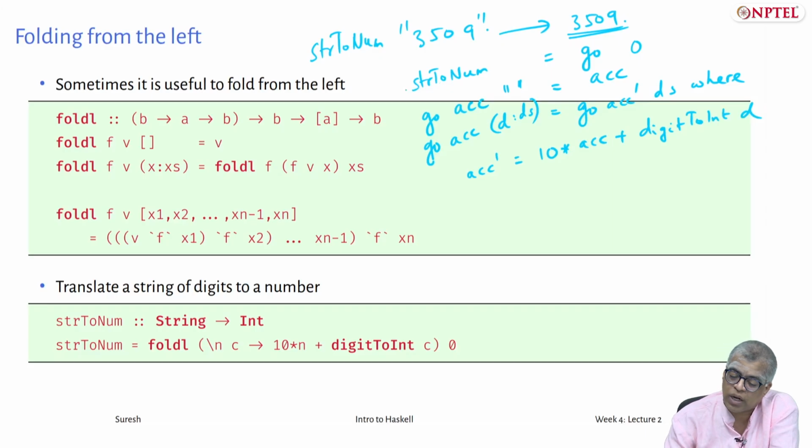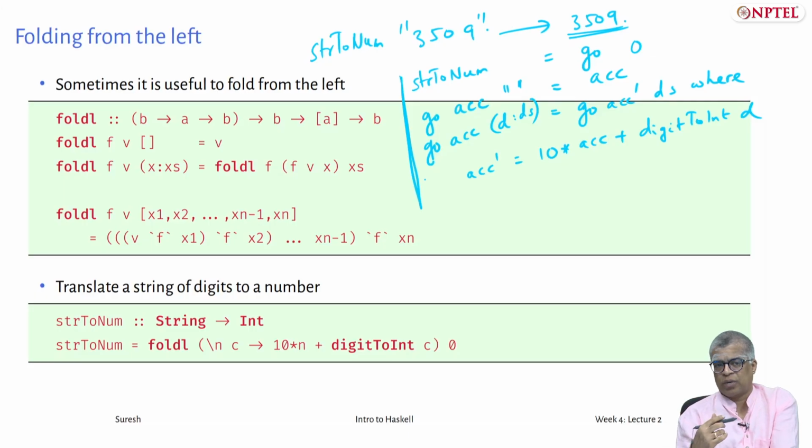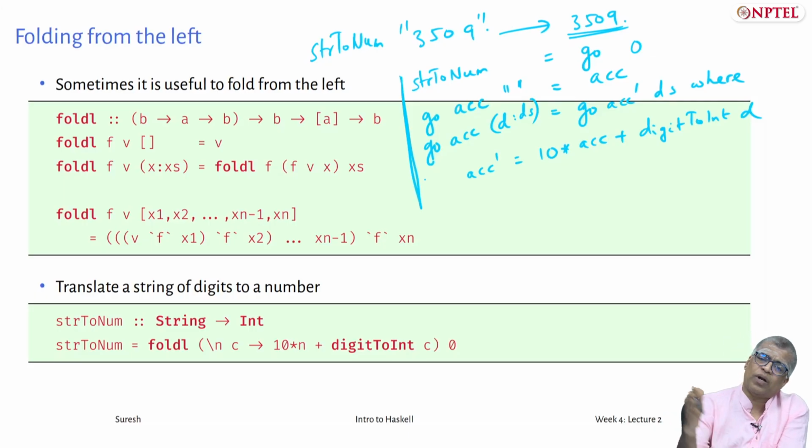Okay, that is the kind of thing that I would write, and this is the most natural way to do it, because adding a digit to the rightmost of an existing number is easy, as we saw when we tried to reverse a number, whereas if you tried the fold R route, you would start at the endmost and you will try to add one digit after another to the leftmost of a given number, which is harder.